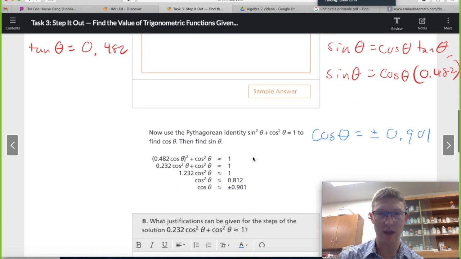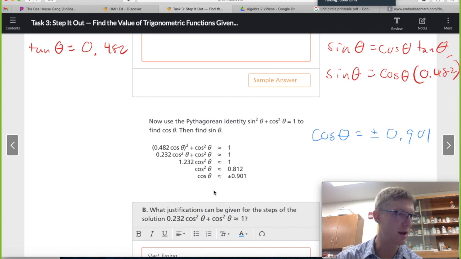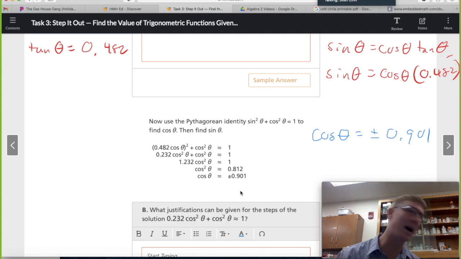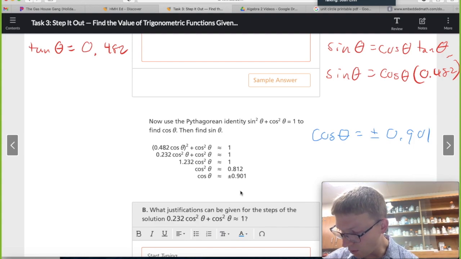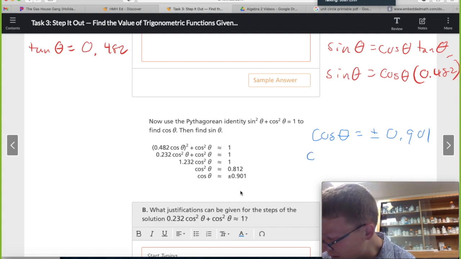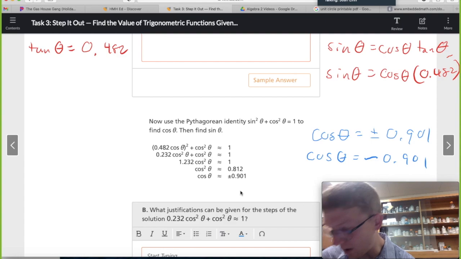So in this case, we solved for cosine theta. In quadrant 3, cosine is going to be negative. It will not be positive, ever. So we know that cosine of theta is equal to negative 0.901.